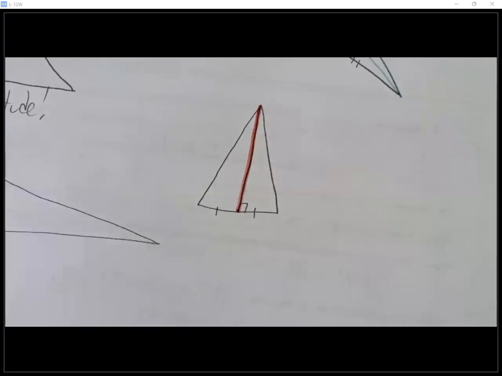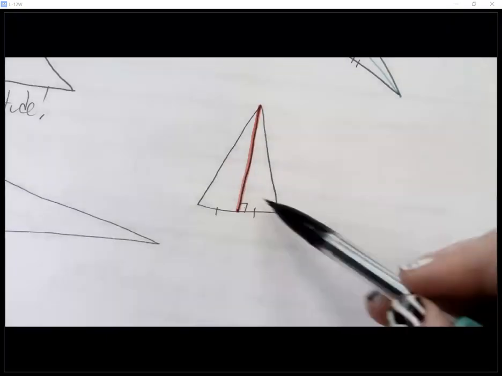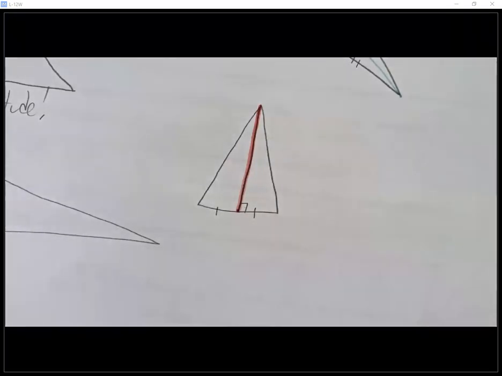How do you know? Because it's an isosceles triangle. How do you know? That the two base angles are congruent. How do you know? These two? I mean, you're not wrong, but they're not marked. So how do you know that? Julia?